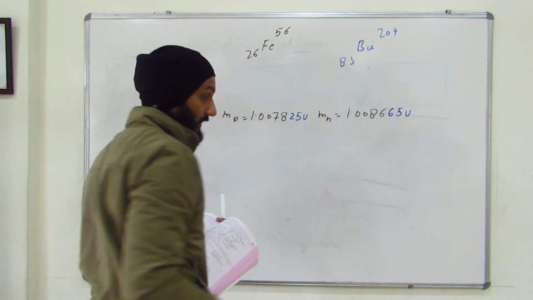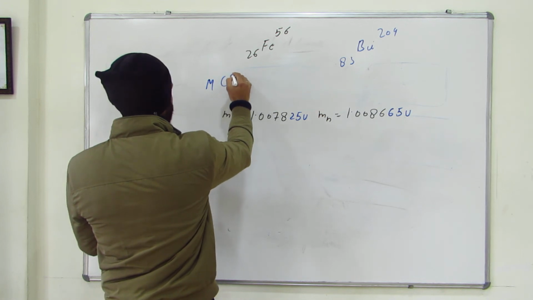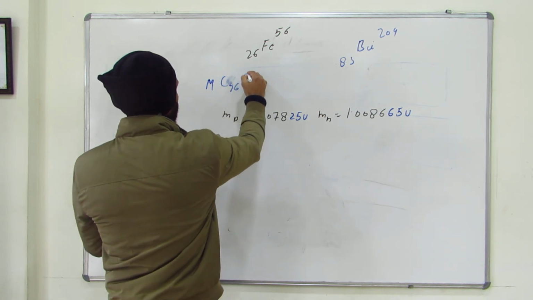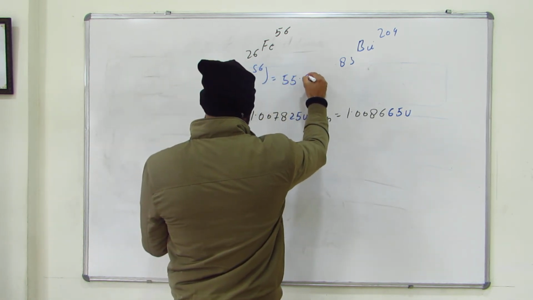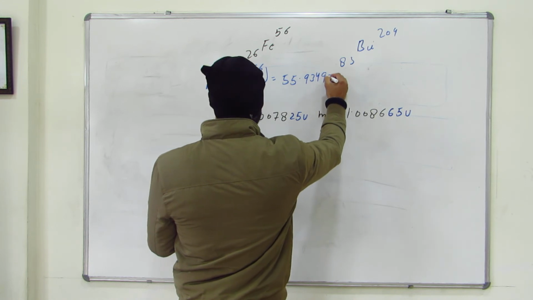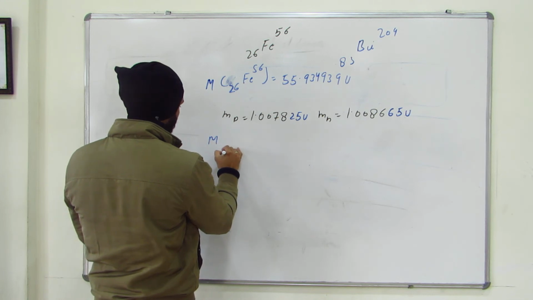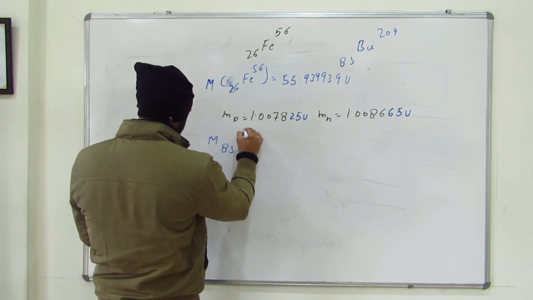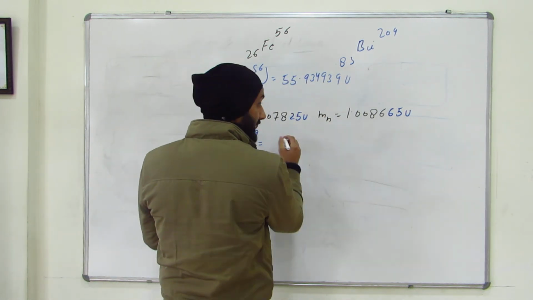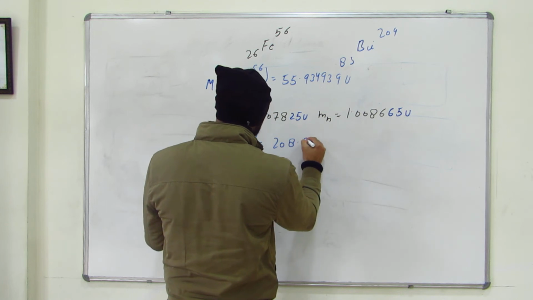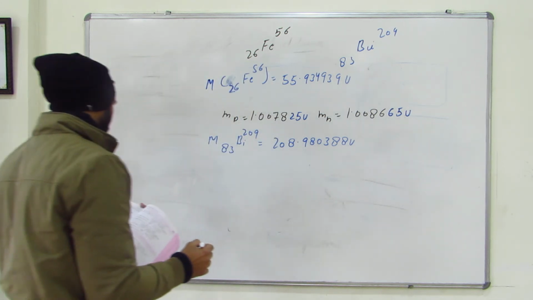Mass of Fe and mass of this thing are given. So mass of 26Fe56 is given, which is 55.934939 U. And mass of 83Bi209 is given, which is 208.980388 U. So these are the two things which are given.